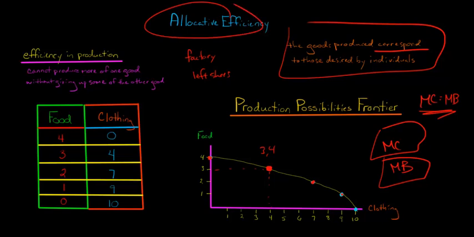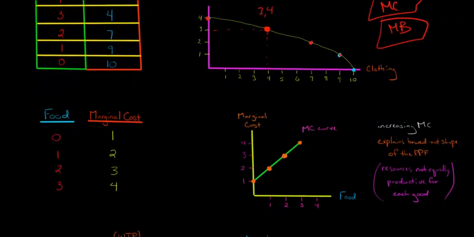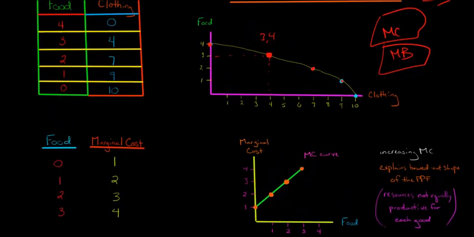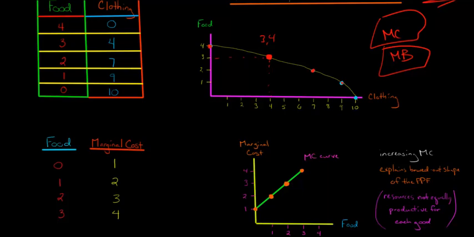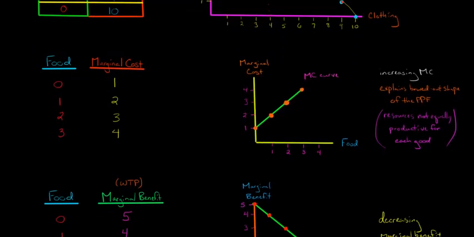I want to show you how we would superimpose the marginal cost curve on the marginal benefit curve. In a previous video, we mapped out the marginal cost, using numbers derived from the PPF. Our marginal cost curve is increasing, and that explains the bowed-out shape of the PPF, since resources are not equally productive.